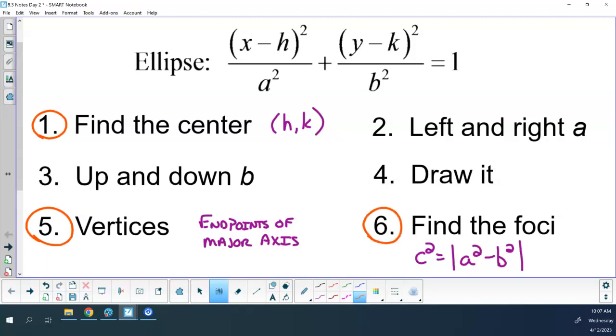So those will be, if it's an ellipse problem, the 5 things that I ask for: 1 center, 2 vertices, 2 foci. On a circle, I'm only going to ask you for center and radius. On a parabola, I'm going to ask you for vertex, focus, directrix, axis of symmetry, those for sure. Kind of what we've been doing. So that was all Monday.